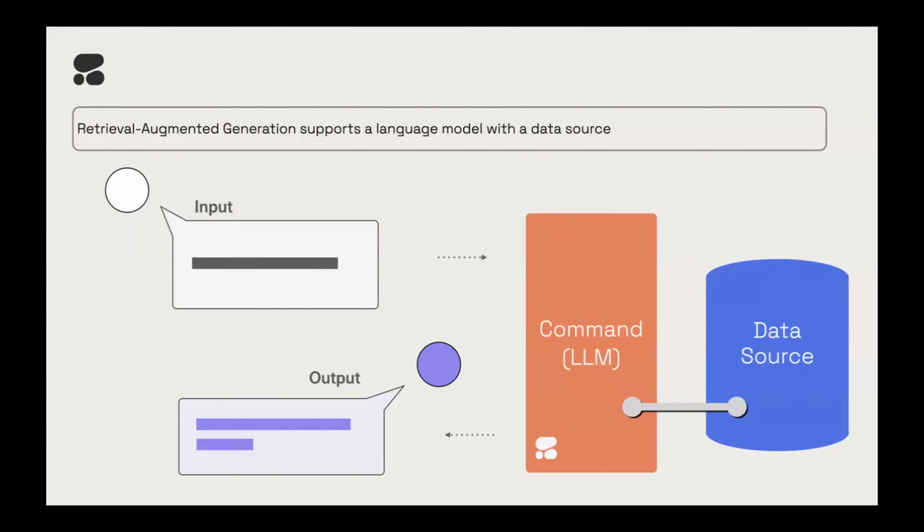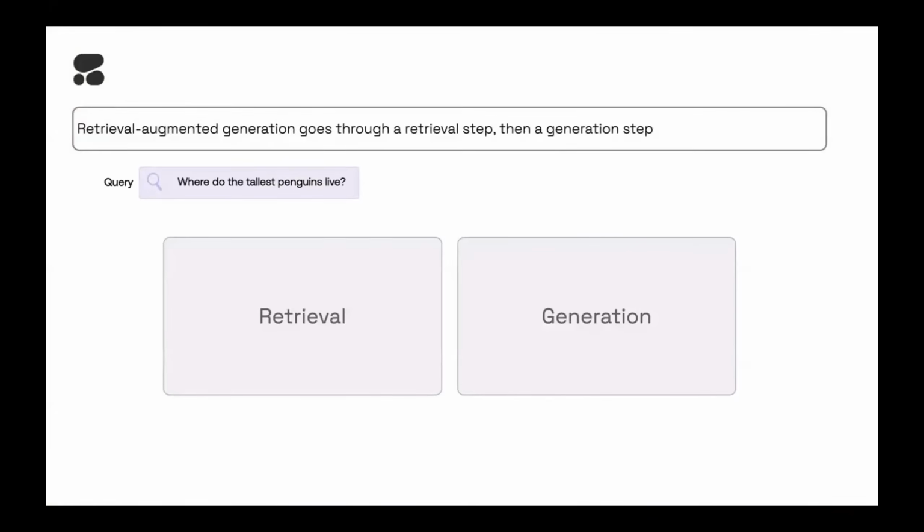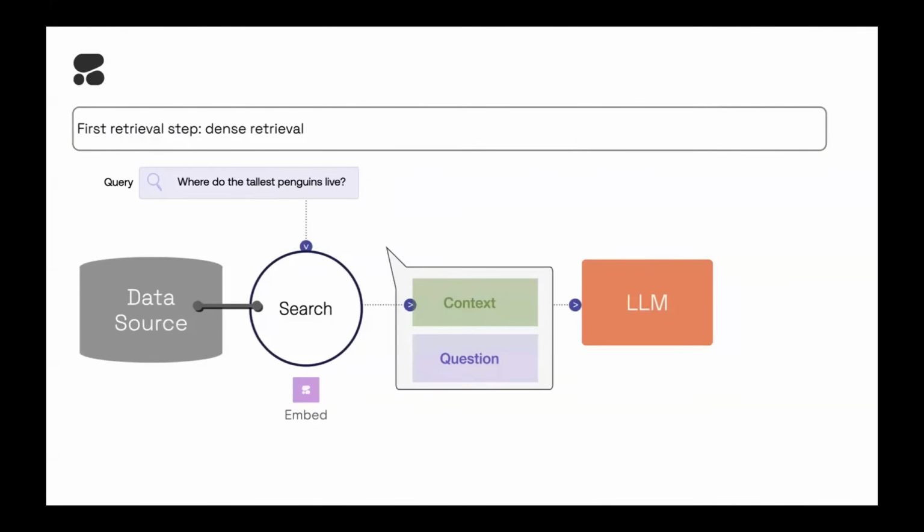You can chat with a language model about your company data, about your ERP, about your customers, about your CRM, about the documentation of a tool that you're trying to build. Now this conversation with this generation process has two steps, a retrieval step and then a generation step, instead of just asking the model directly.